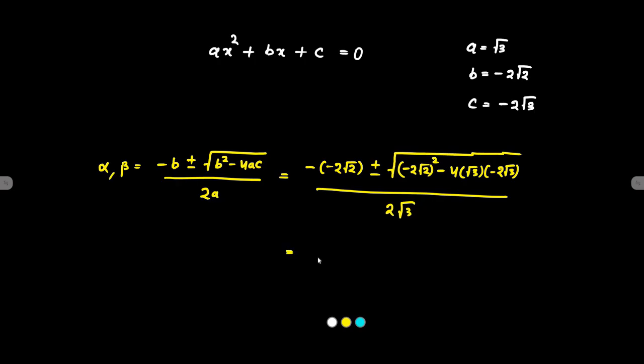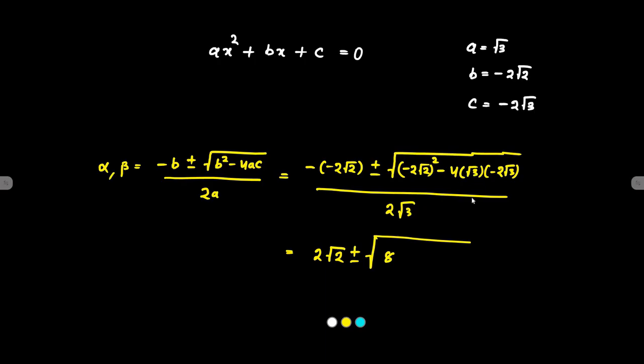This is equal to 2√2 ± √, this is (2√2)² is equal to 2 squared is 4, √2 squared is 2, so it is 8. Then here it is 4 into 2 is 8, √3 into √3 is 3, minus minus is plus.